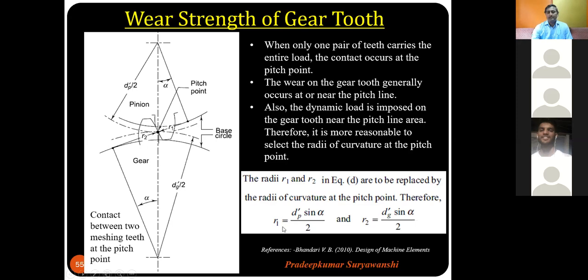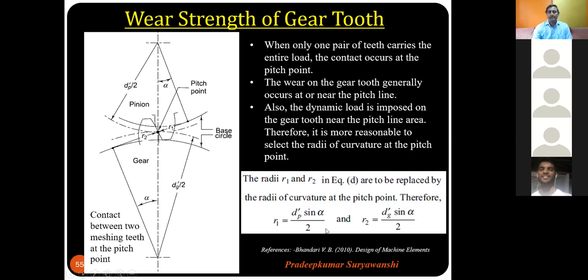Therefore we get R1 as dp prime by 2 into sin alpha. Similarly, by making use of this triangle here, I'm just tracing the lines of that triangle, we can consider sin alpha equal to R2 upon dg prime by 2. So R2 is equal to dg prime by 2 into sin alpha, right?